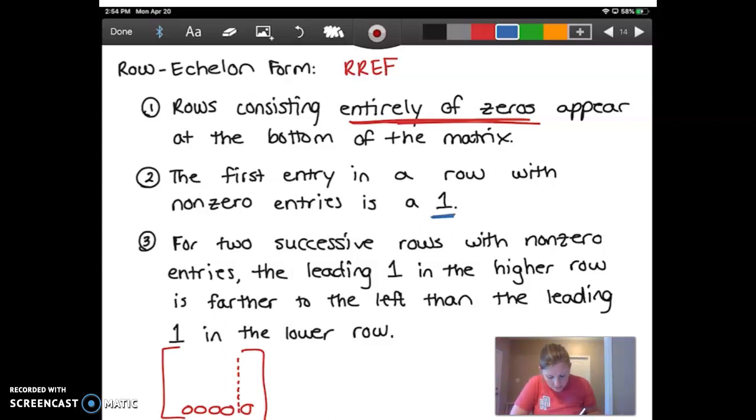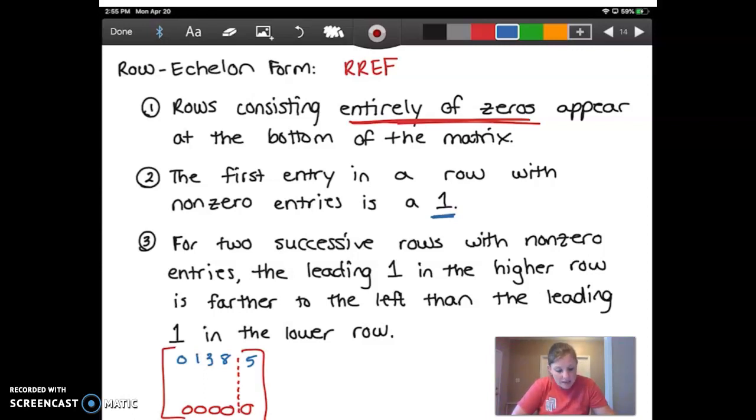So if I have 0 and then 2, 3, 8, 5, this would not be in reduced row echelon form because the first entry that's not a 0 in this case would be a 2. But if I go through and I clear this out and I have 0, 1, 3, 8, 5, then that would actually put it in reduced row echelon form because the first entry that's not a 0 is a 1.